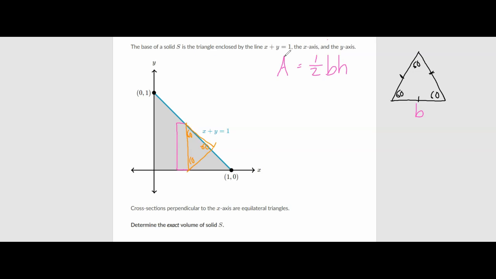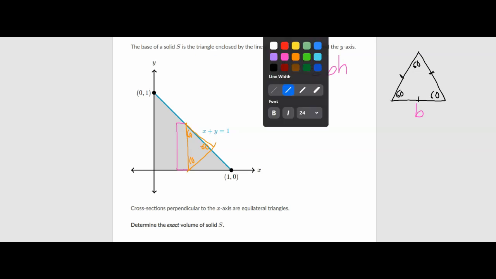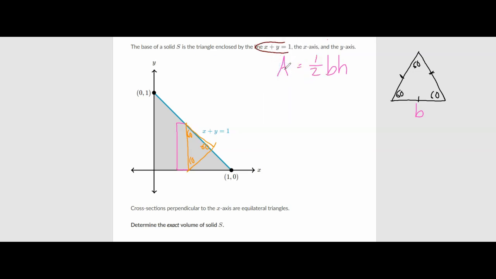Because these cross sections are perpendicular to the x-axis, we're going to write our integral in terms of x, which means we want this function to be in terms of x. Right now, it's just a curve, x plus y equals 1. That's not written as a function in terms of x. I'm just going to subtract x from both sides. So this ends up becoming y is equal to 1 minus x.